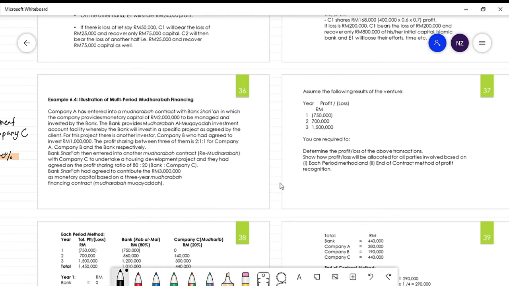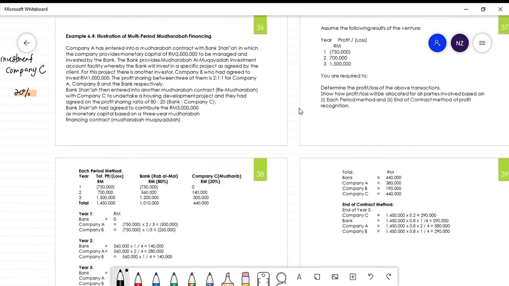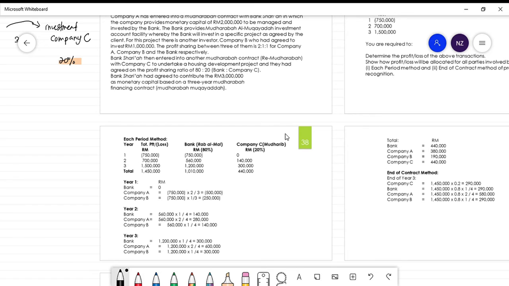Okay. So awak kena kira, maksudnya dalam soalan ni awak hanya kena kira profit untuk profit allocate for them lah, kan. Now according to this example answer, dia buat in table.